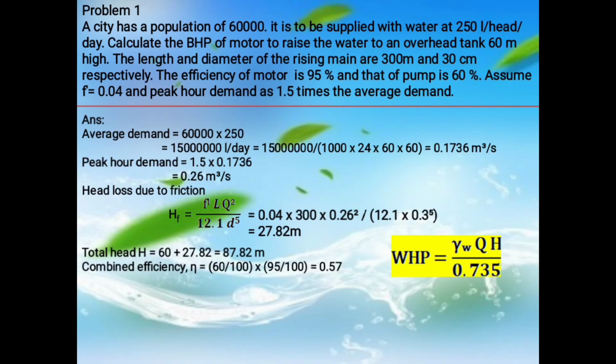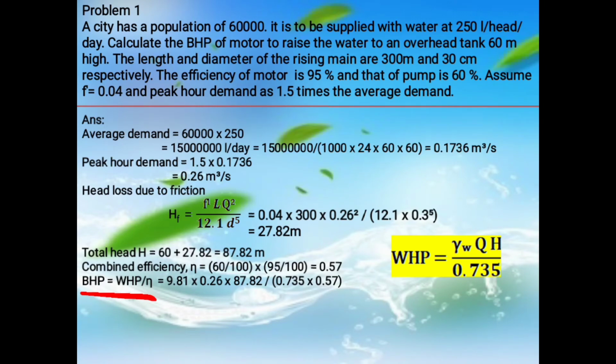Then water horsepower equal to gamma W into Q into H by 0.735, or brake horsepower is equal to water horsepower divided by efficiency, that is gamma W into Q into H by 0.735 into eta.